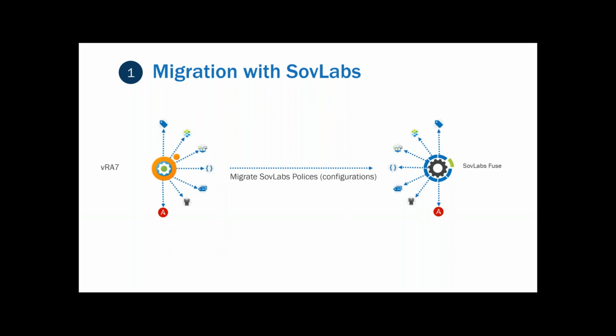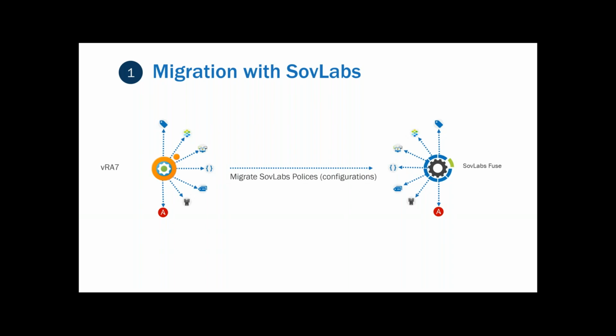It's simply move this policy over. Those policies can include your naming standards, different AD policies for placement into Active Directory, policies for network selection for your IPAM providers, DNS record creation, all those different types of things, including execution of your scripts if you're using things like Ansible or Puppet.